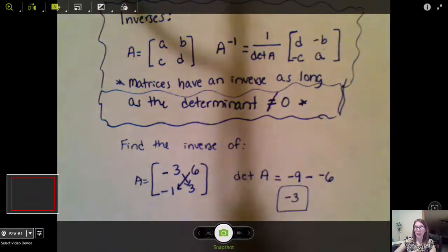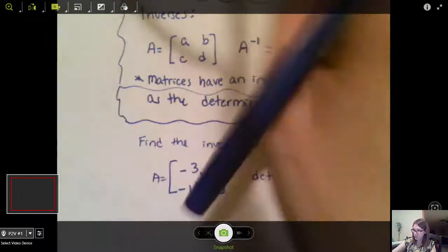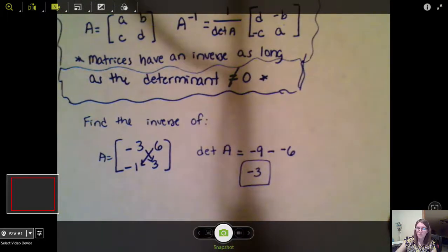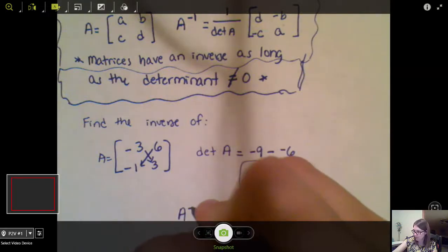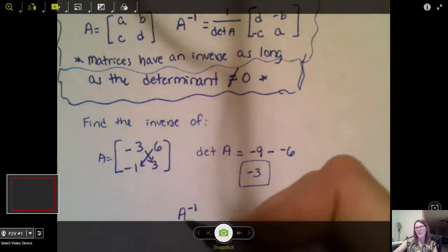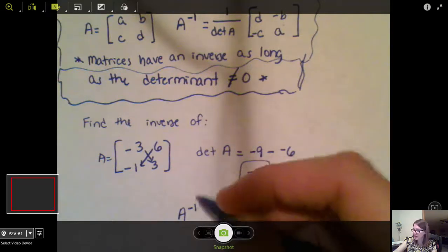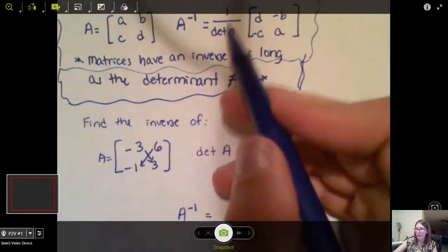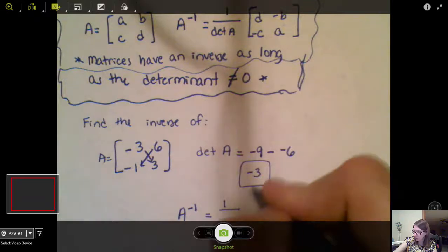Okay, now that's going to be helpful because my inverse, and remember this -1, it's not really a negative first power, it represents our inverse, notation for inverse. If I follow my pattern here, it's 1 over the determinant of A. Well, our determinant of A, we figured out it was -3.